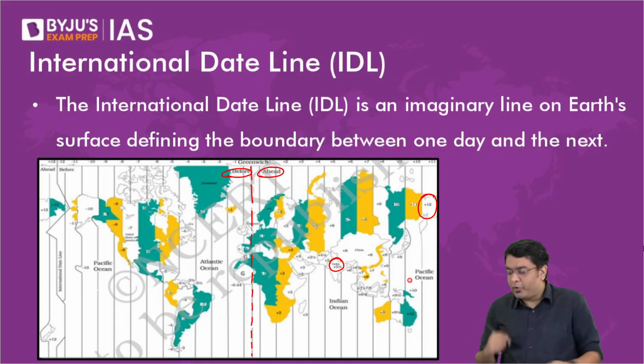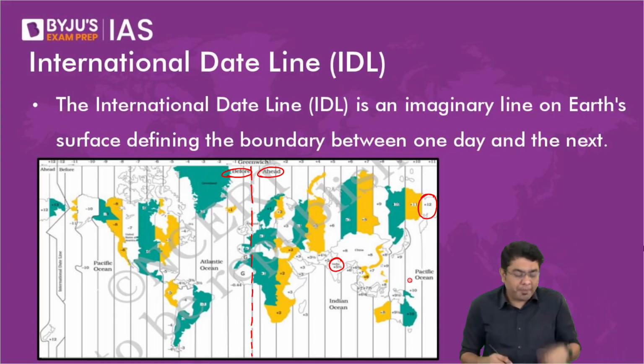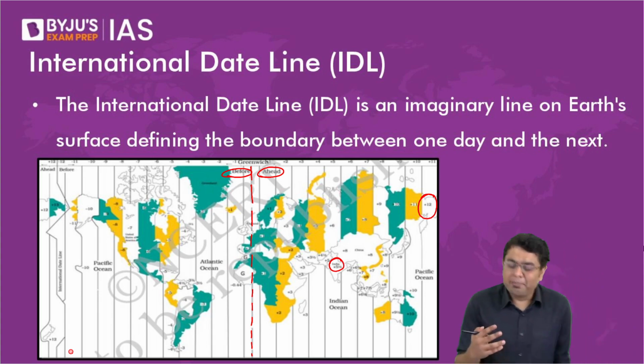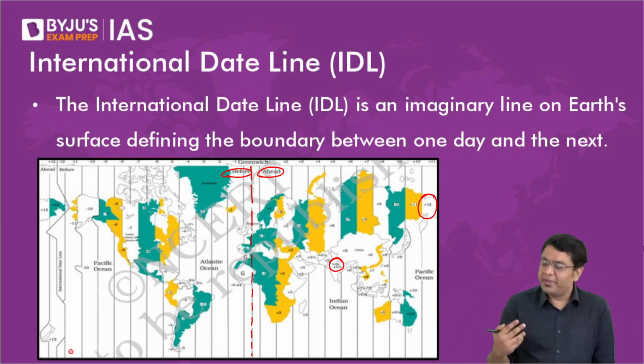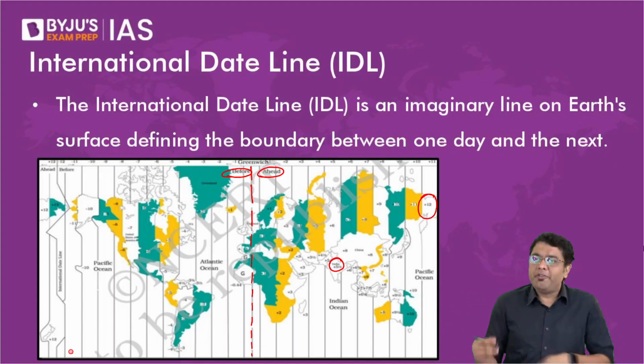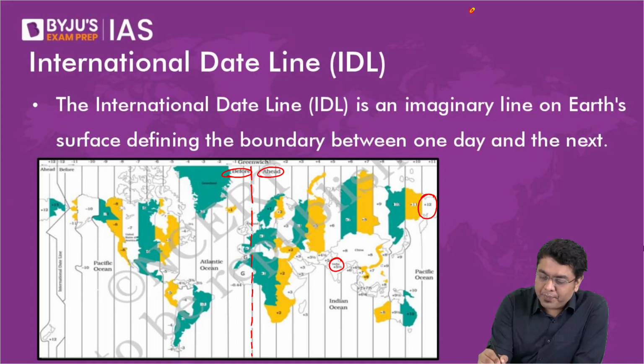Now, I want you to solve a bit of complex mathematics here. Not complex mathematics, simple maths, but we as candidates of civil services have the ability to make things complex very easily. So, if it is 8 p.m. in India, it means it is 2:30 p.m. as per GMT.